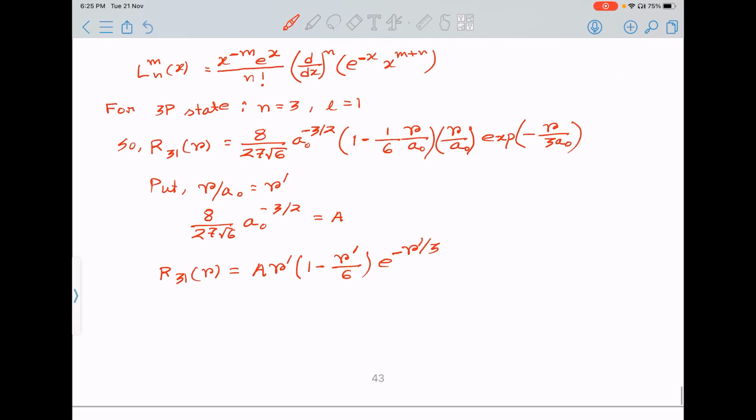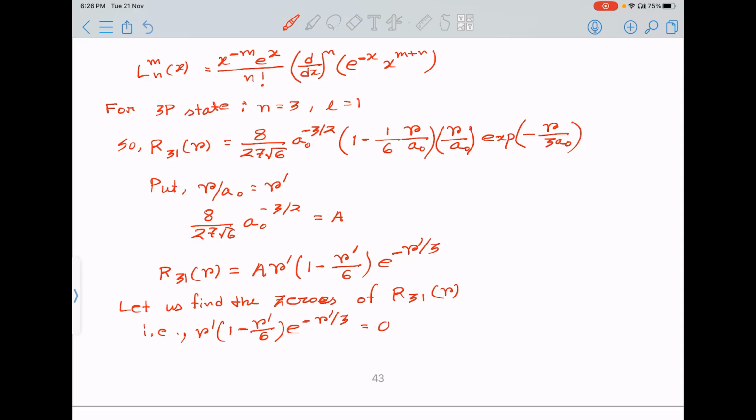So first let us find the zeros of R_31 as a function of r. So this will make r prime times (1 minus r prime upon 6) into e power minus r prime upon 3 equal to 0.